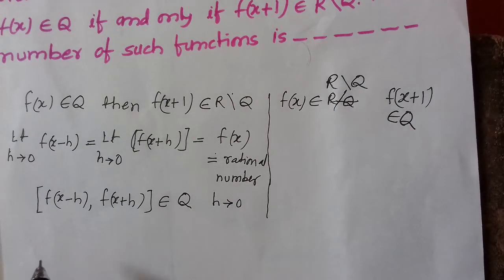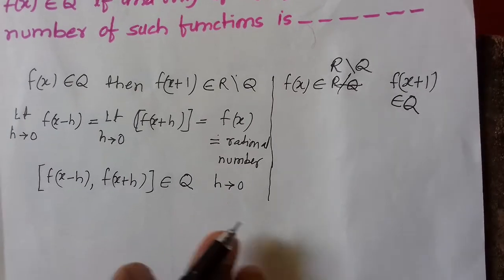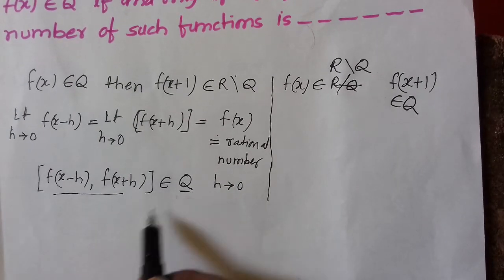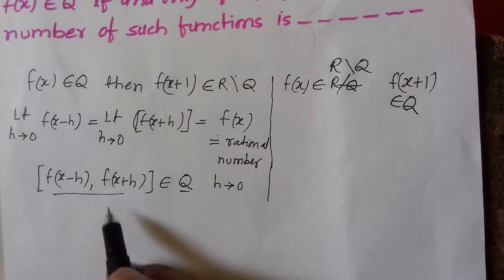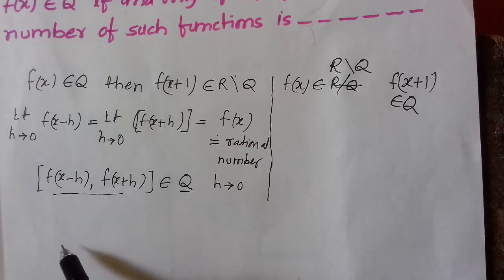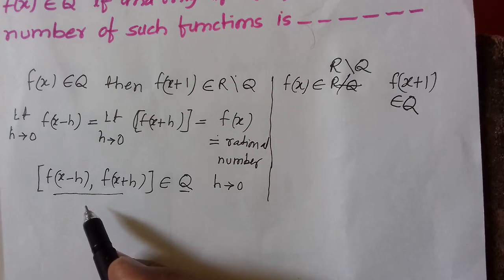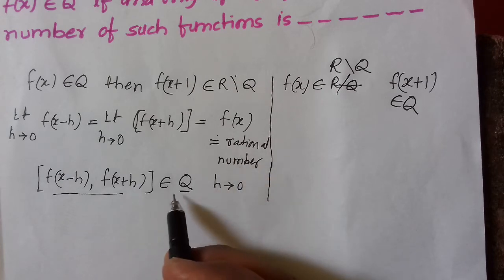This means that in the neighborhood of f(x), here Q is a rational number, this forces us to assume that there is a neighborhood in which there are only rational numbers.